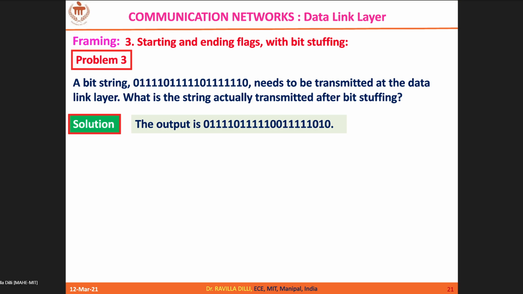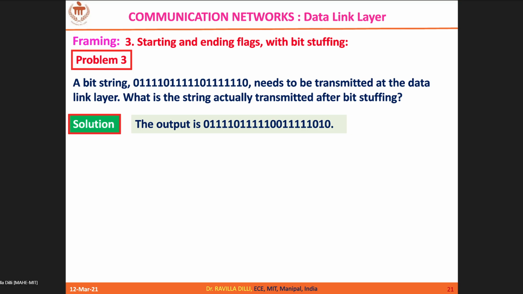Okay, so you can cross check this. I want to transmit 0 followed by 4 ones, 0 followed by 5 ones, 0 followed by 6 ones. So that's the data that I have. When you do bit stuffing, for the 0 and 4 ones there is nothing to do.